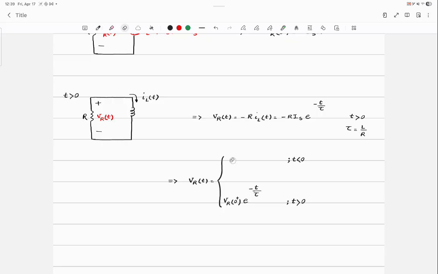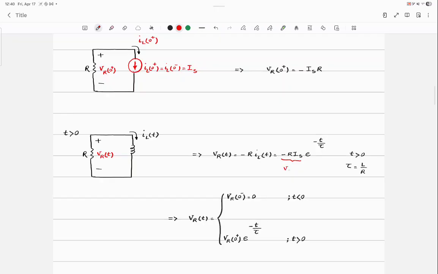Instead of writing 0 here, I can actually write VR0 negative, which is 0. Do you see what I did? Instead of this term, from the line above, I can write VR0 positive, and I use that to write my equation. Any question? Any problem?